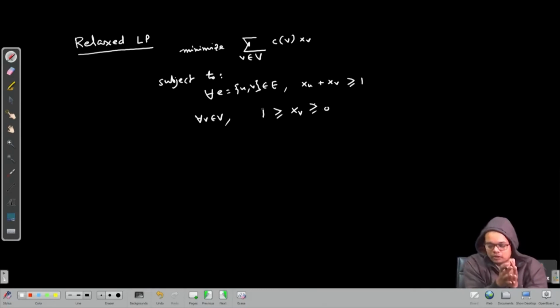But because we are minimizing and the objective function is monotonically increasing in x_v, we can drop the condition that x_v is less than or equal to 1, without changing the optimal value.